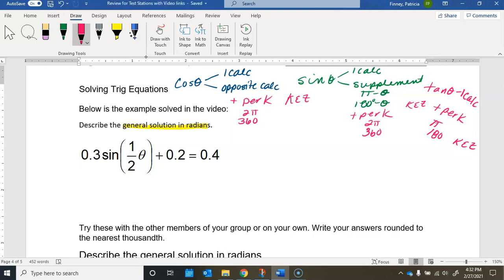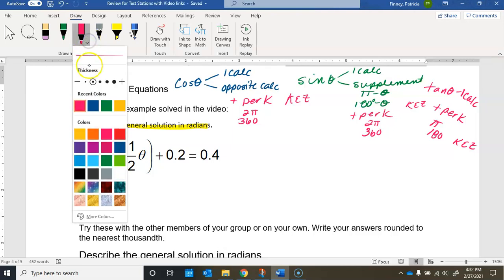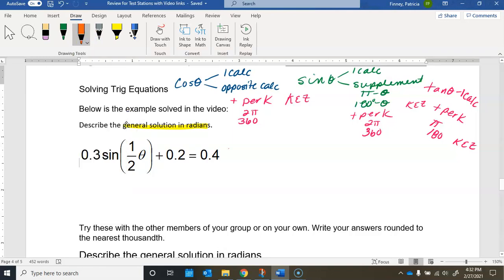So, to solve this equation, we want to get the sine part by itself first. So to get the sine part by itself first, we're going to start by subtracting 0.2. So that gives me 0.3 sine of 1/2 theta equals 0.2. Then to get my sine by itself, the sine of 1/2 theta equals 0.2 divided by 0.3.